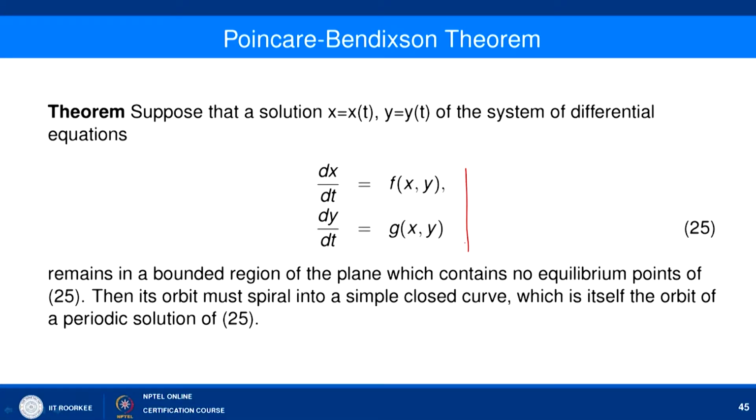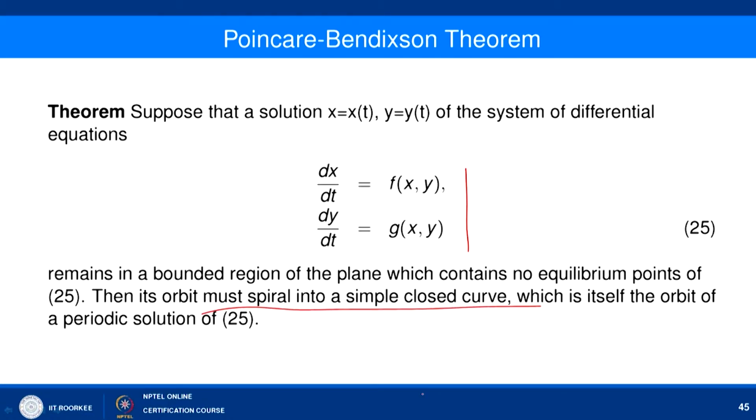The Poincare-Bendixson theorem says that suppose a solution x equal to x(t), y equal to y(t) of the system of differential equations dx/dt equal to f(x, y), dy/dt equal to g(x, y) remains in a bounded region of the plane which contains no equilibrium points of (25), then its orbit must spiral into a simple closed curve.